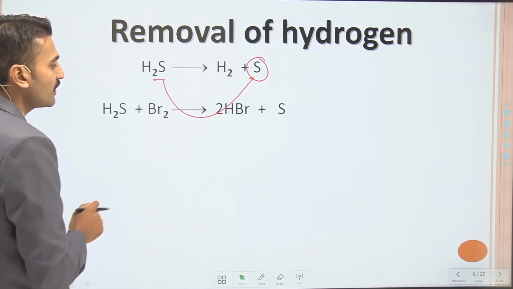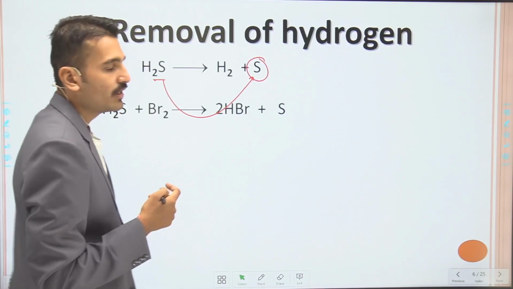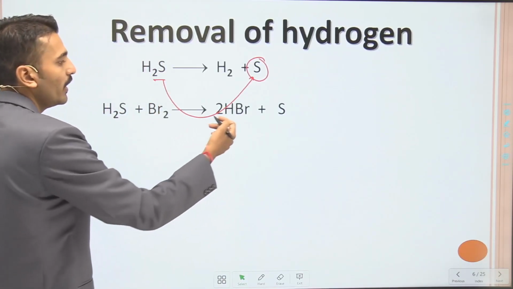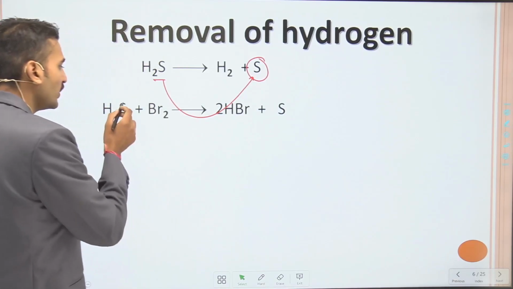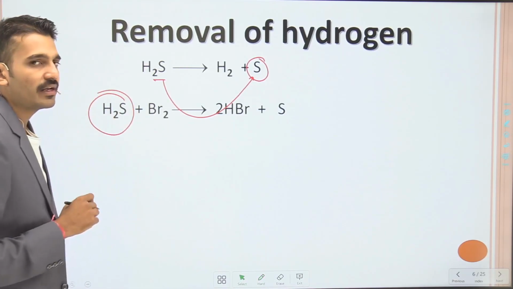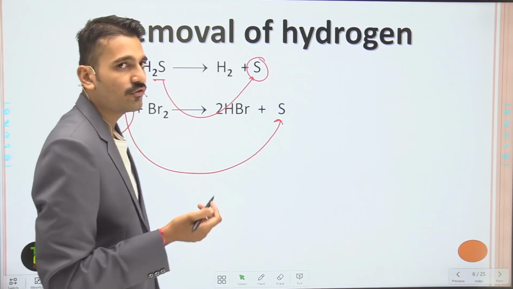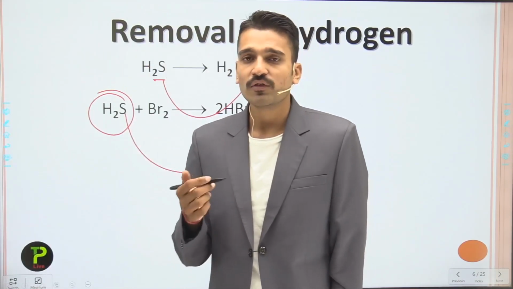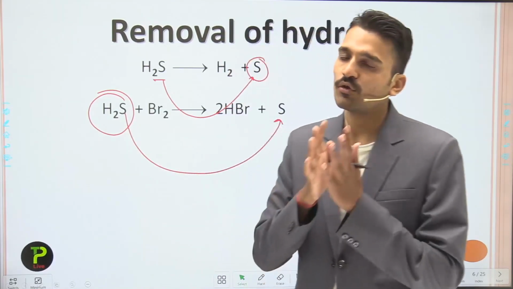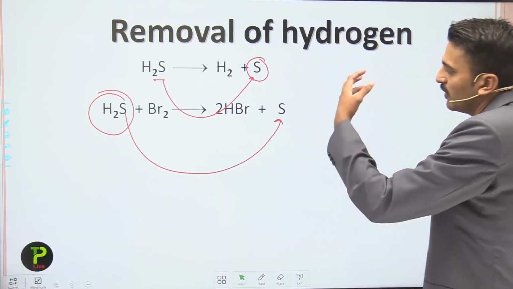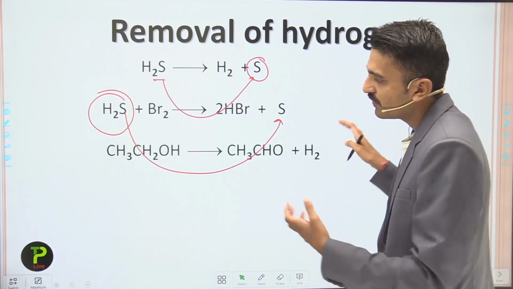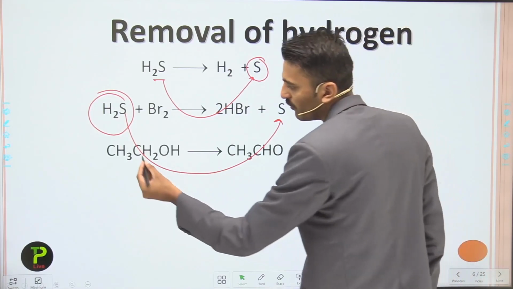Moving to another example, that is H2S reacting with bromine, it forms HBr plus sulfur. So here you also see the removal of hydrogen. So this is also an example of what? This is also an example of oxidation reaction. This is the third example. Here you can count the number of hydrogen atoms.